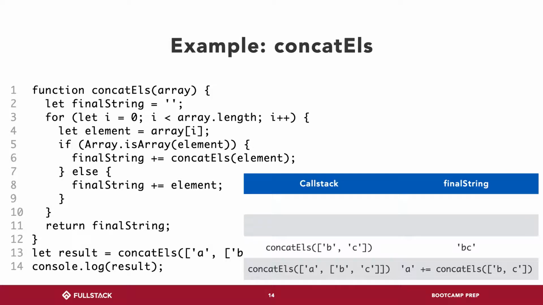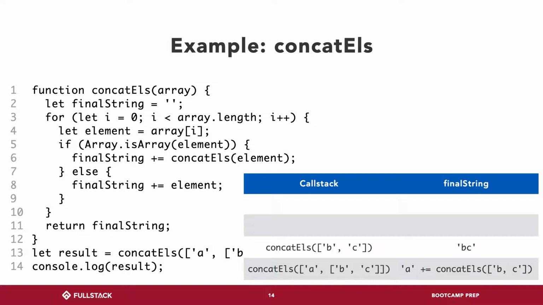Then the for loop breaks. We are done going through that array. So we return final string. Final string is BC. And if you remember in the first call, we're setting A on the first function on the call stack.